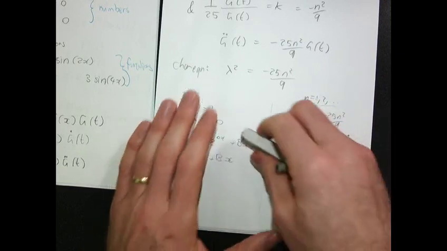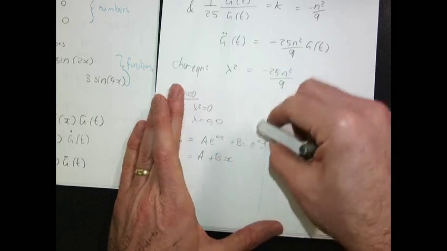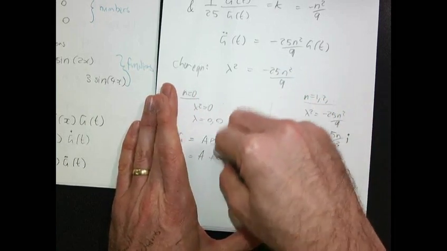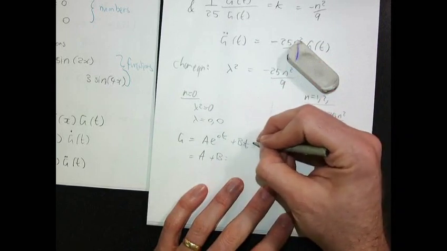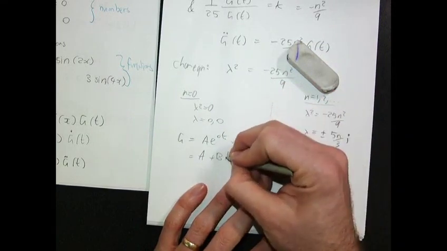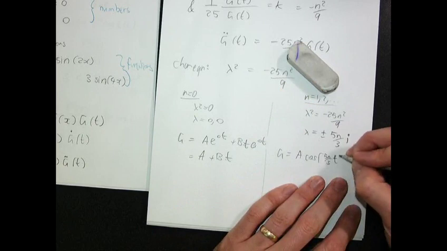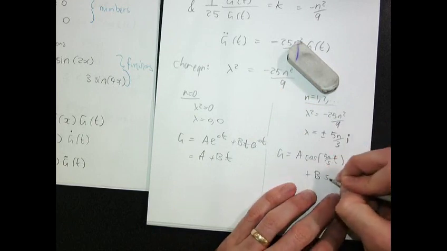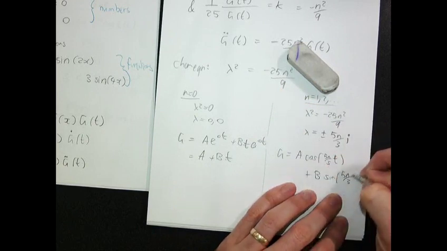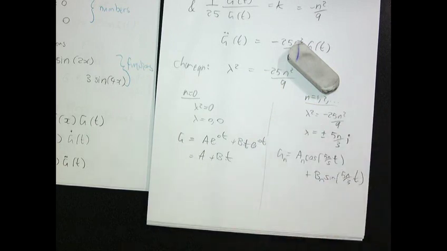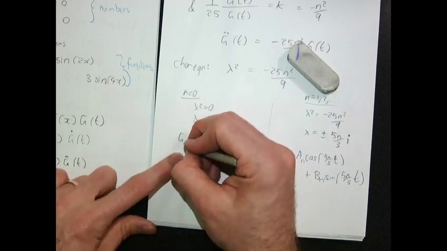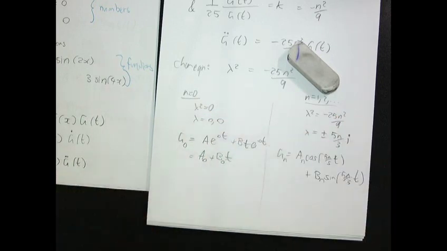Oh, these are supposed to be t's. Sorry. So this would be the solution for Gn, but G0 would be A0 plus B0t.